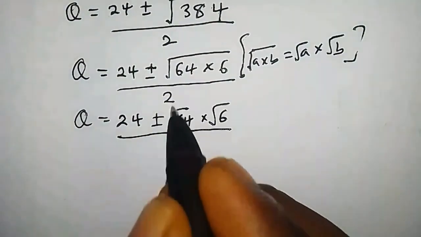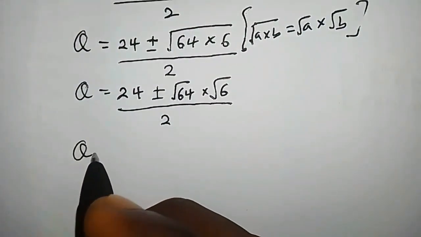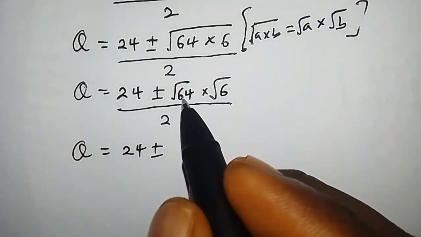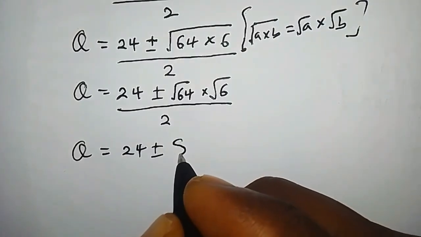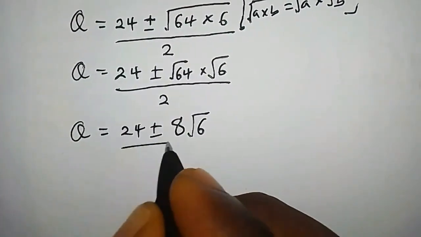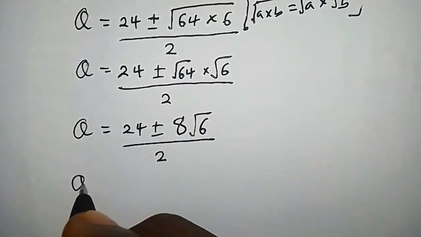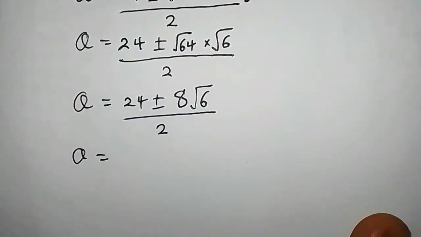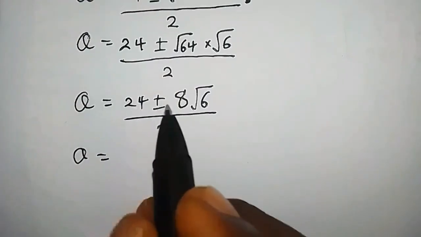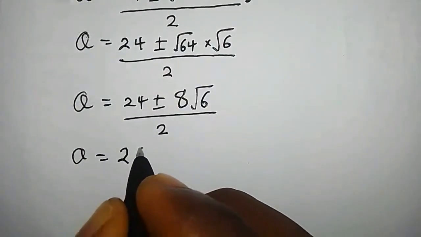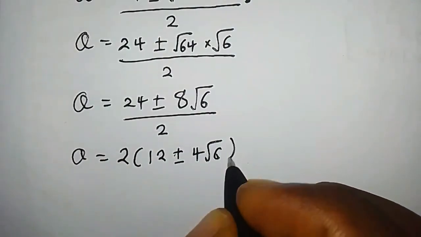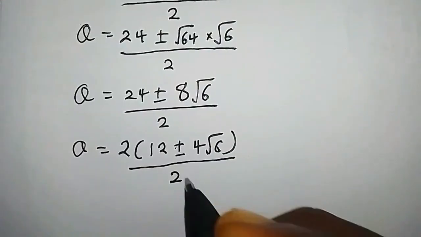Everything divided by 2. So Q is equal to 24 plus or minus. What is square root of 64? That is 8 times square root of 6, divided by 2. You will see that we can factor out 2 from this numerator. So that will be 2 into 12 plus or minus 4 root 6, divided by 2.